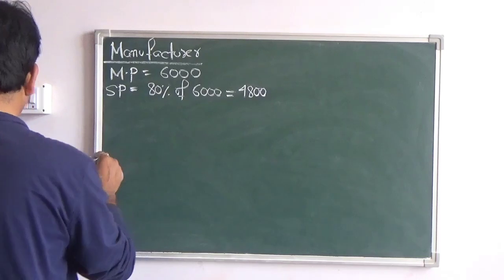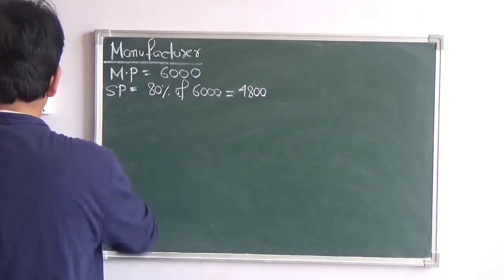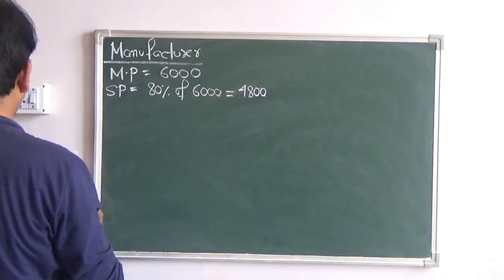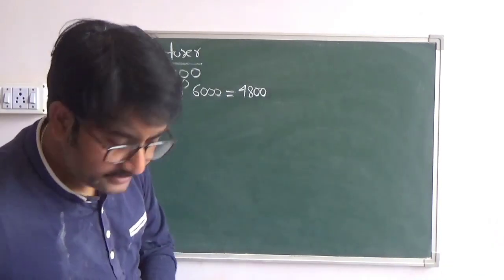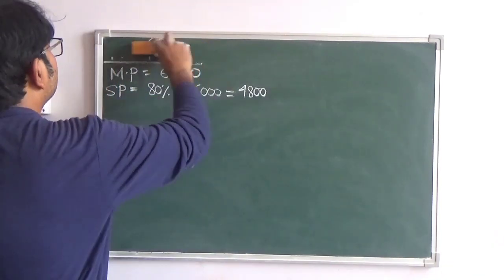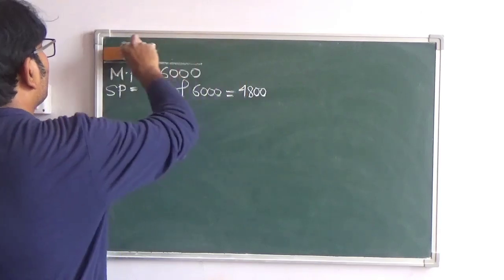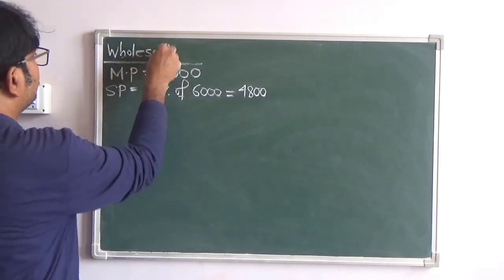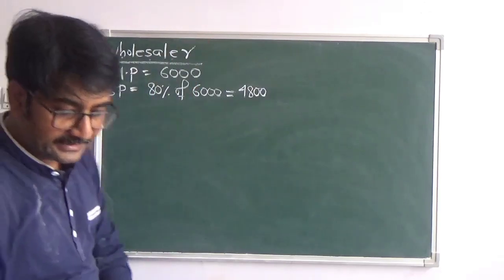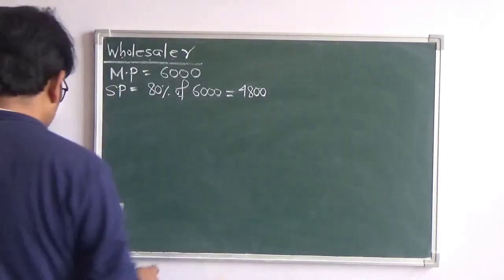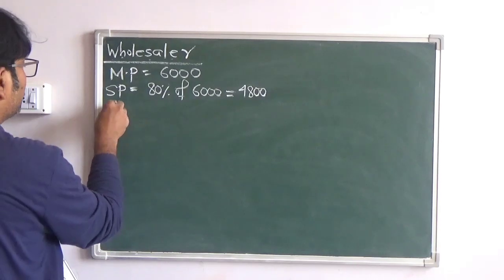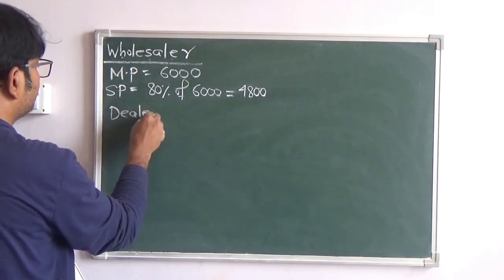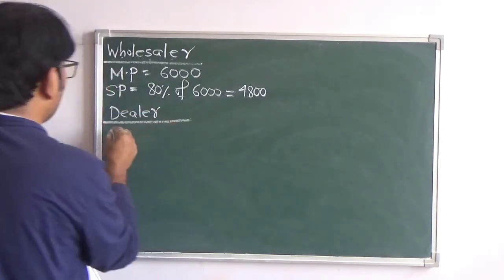So the selling price of the wholesaler is obviously the CP for the next level, that is the dealer. Now if we talk about the dealer, what is the CP?